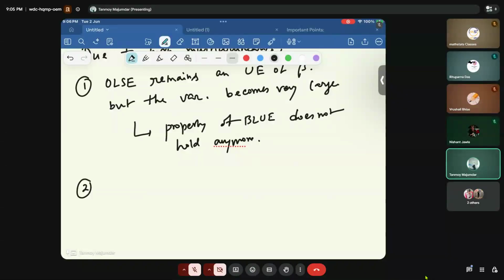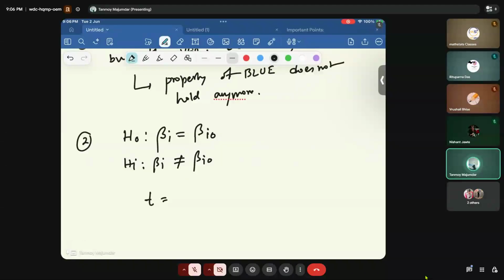दूसरा, second one is, जब हम लोग हाइपोथेसिस टेस्टिंग कर रहे थे, null hypothesis was beta i equals to 0, and alternative is suppose beta i is not equal to, not 0, we just let me write it like beta i naught, beta i naught के साथ इक्वल हो रहा है और नॉट इक्वल हो रहा है। सो इस केस में हम लोग यूज किए थे t statistic, that was bi, which is the estimate of beta i, and root over of variance of bi.